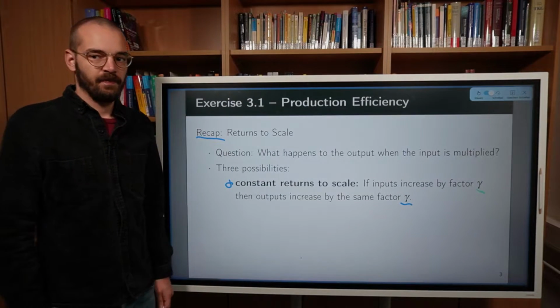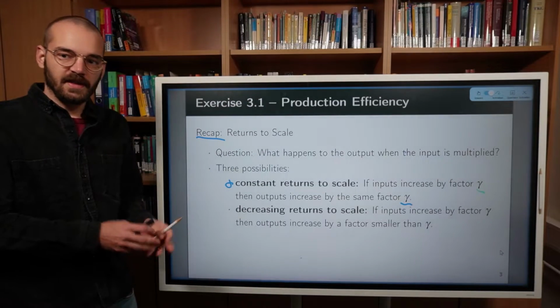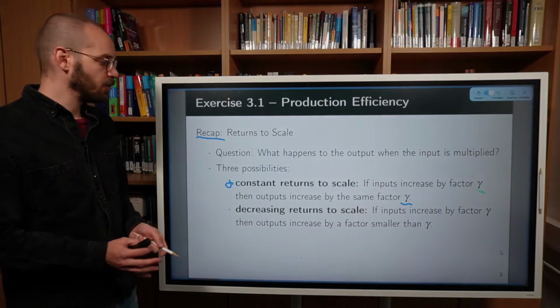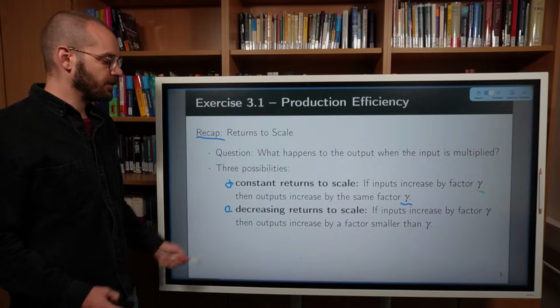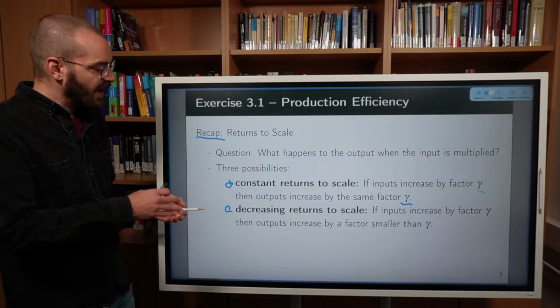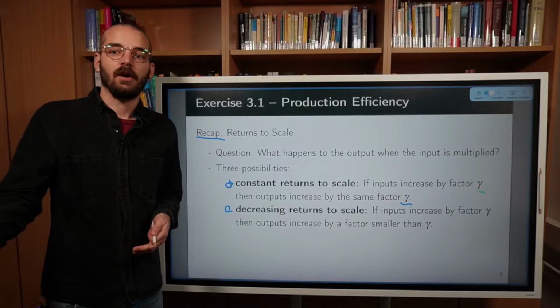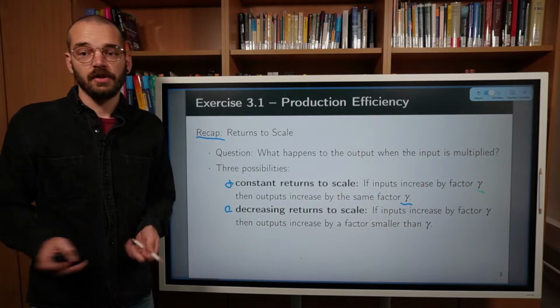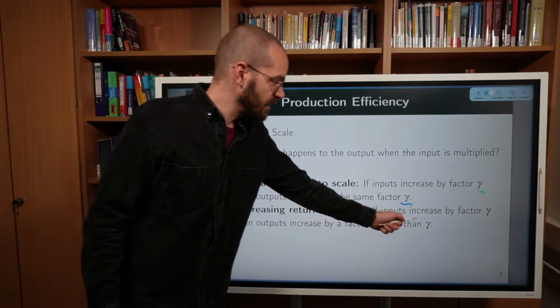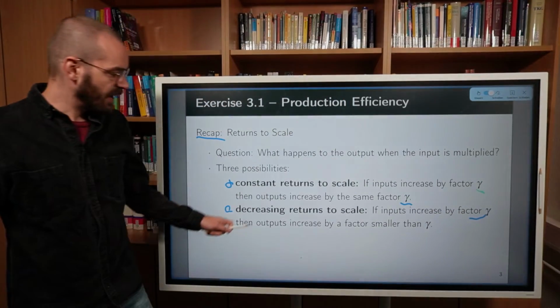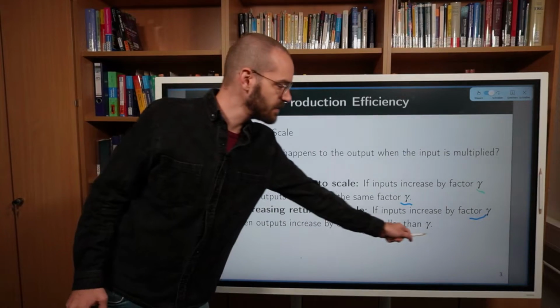The second possible situation would be that we have decreasing returns to scale, meaning that we have an underproportional increase in outputs, underproportional to the increase in inputs. Or in other words, if the inputs increase by a factor of gamma, then the outputs increase by a factor that is smaller than gamma.